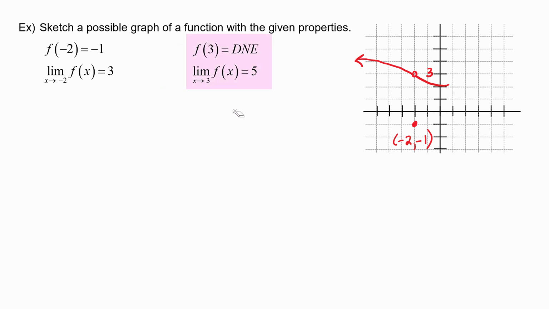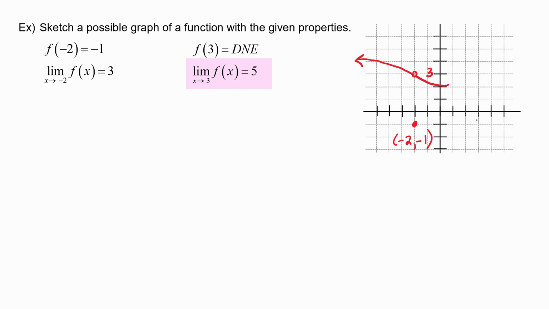Now, let's look at this section over here. We are told that f of 3 does not exist. So that means we cannot have a point where the x value is 3. However, the limit as x approaches 3 of f of x is equal to 5.